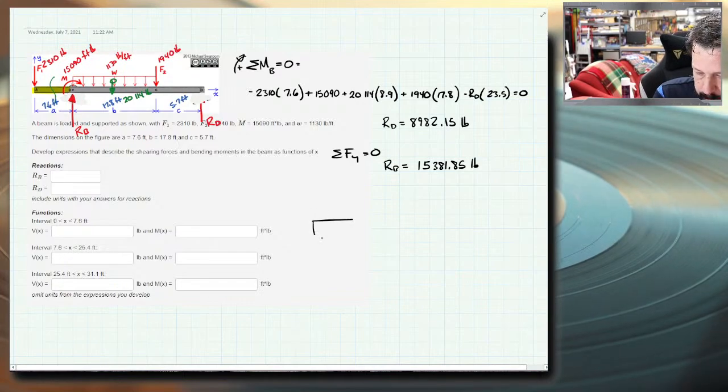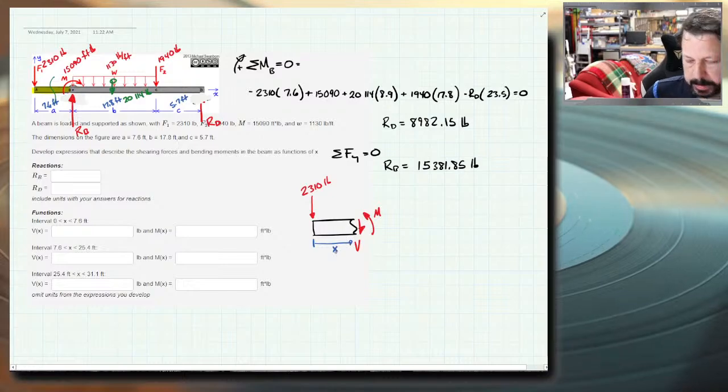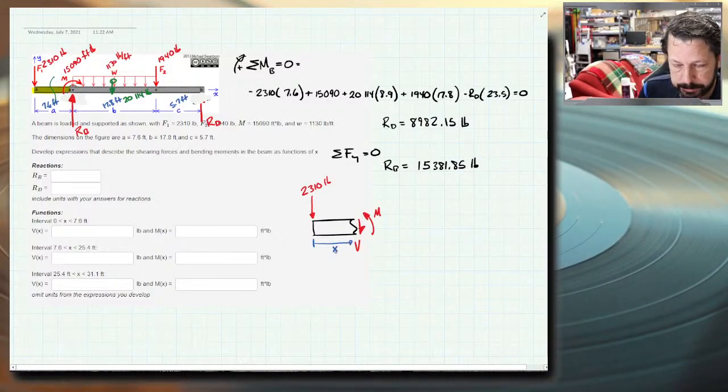draw our little free body diagram showing that, and on this we have 2310, shear V, M and X. X starts at the very left of this section.